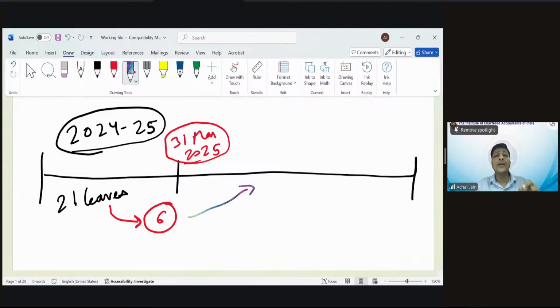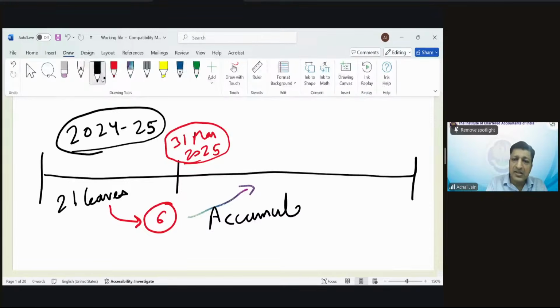This is what you call as accumulating short-term employee benefit. Why? Because these are getting accumulated and carried forward to the next financial year. So these are the ones which are accumulating.